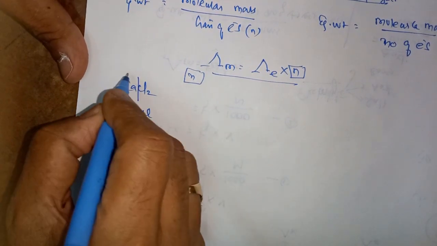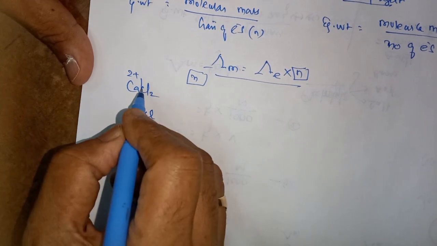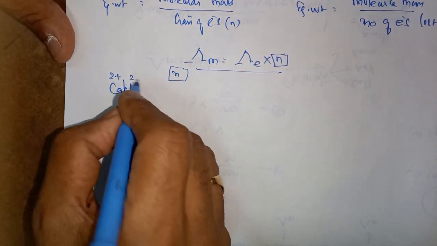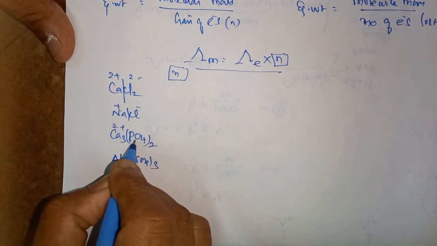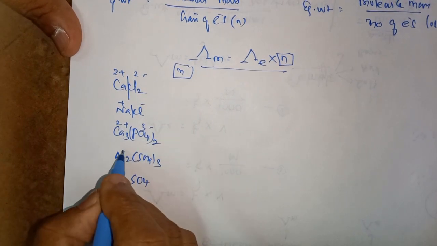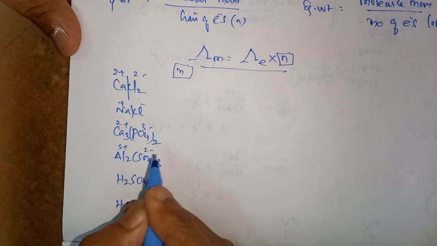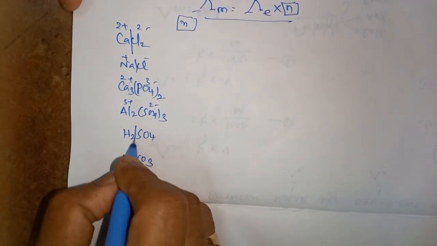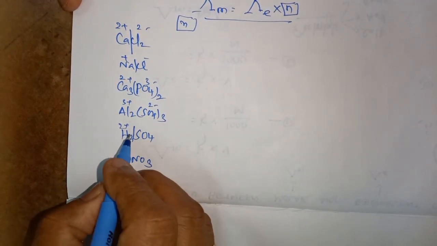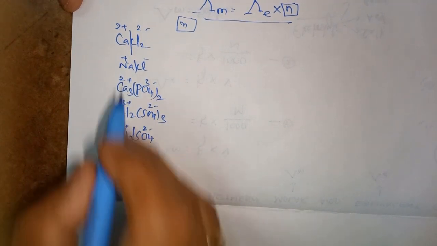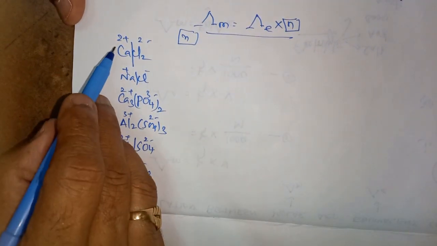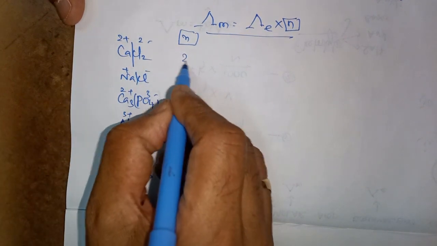Here it is a salt, Ca 2 plus, and each Cl carries 1 minus, so it is 2 minus. NaCl is Na plus, Cl minus. Ca3(PO4)2 is Ca 2 plus, PO4 3 minus. Al2(SO4)3 is Al 3 plus, SO4 2 minus. In H2SO4, each H carries 1 plus, and SO4 is 2 minus. Here H plus, NO3 minus. What is the n value? Total number of positive or negative charges. Total number of positive charges is 2.